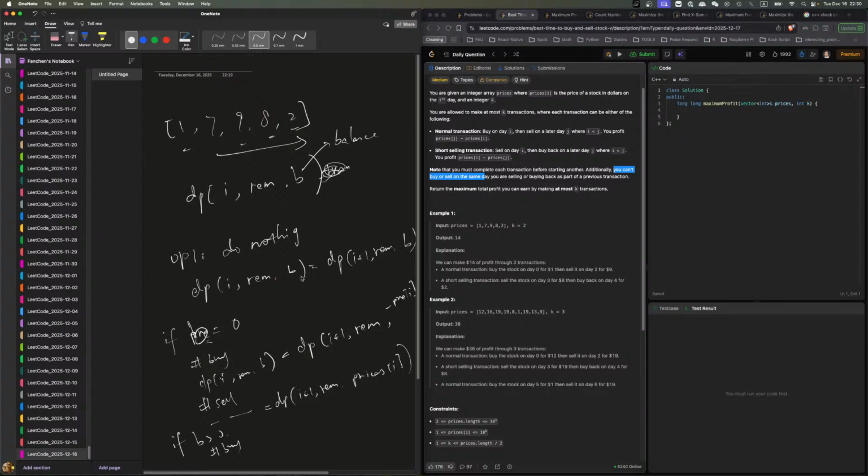If we buy back, then it equals DP[i+1], remaining minus 1. We buy it back, it will be 0, and then we have a profit plus this. Okay, this is kind of how we set it up.